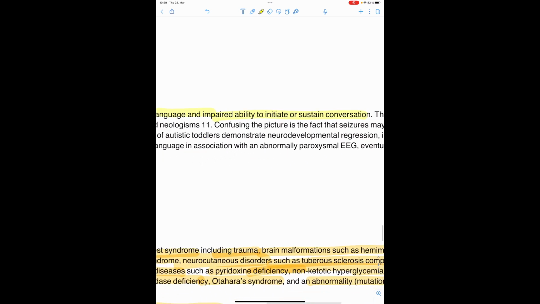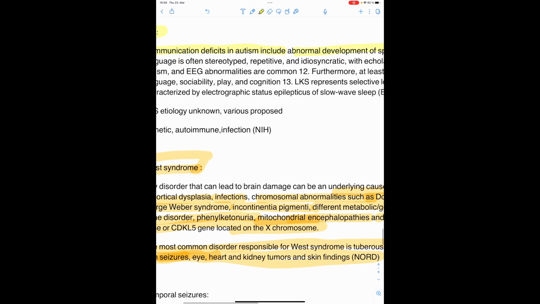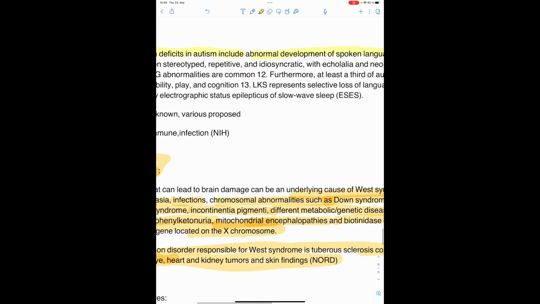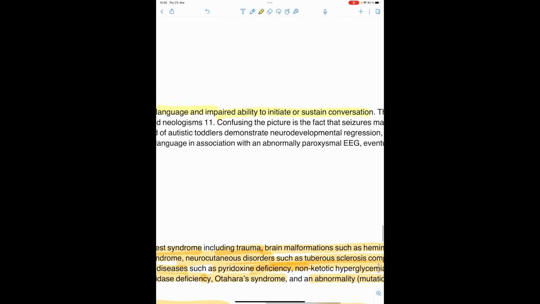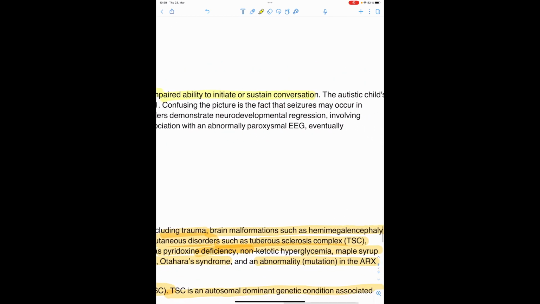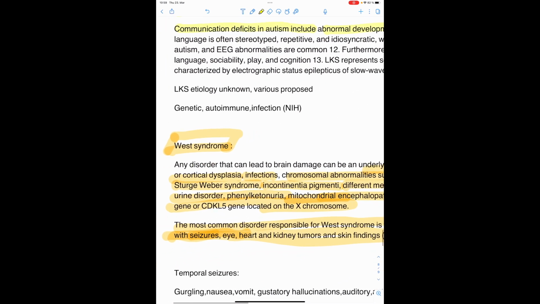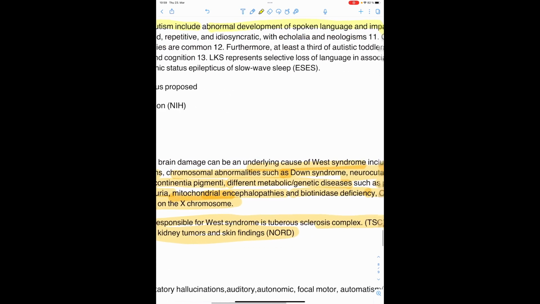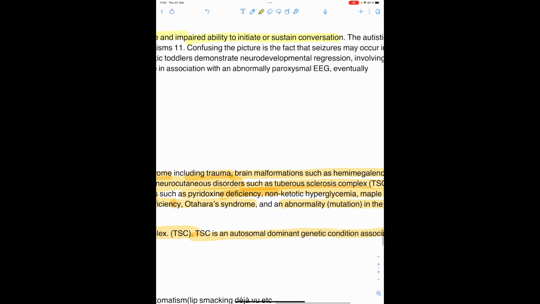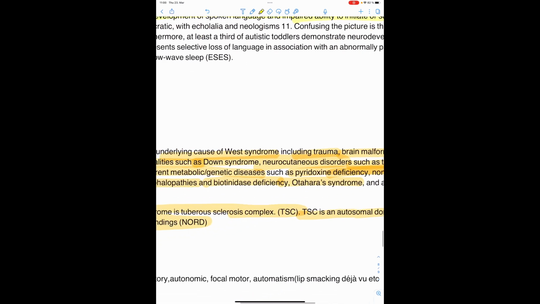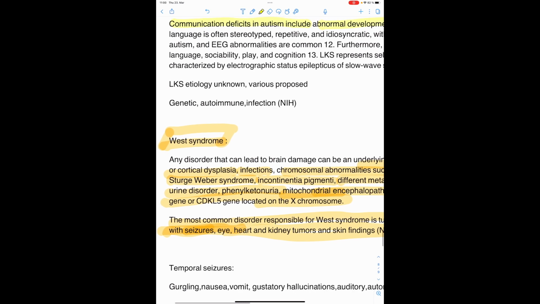The autistic child's language is often stereotyped, repetitive, and idiosyncratic, with echolalia and neologisms. Confusing the picture is the fact that seizures may occur in autism and EEG abnormalities are also common. Furthermore, at least a third of autistic toddlers demonstrate neurodevelopmental regression involving language, sociability, play, and cognition.